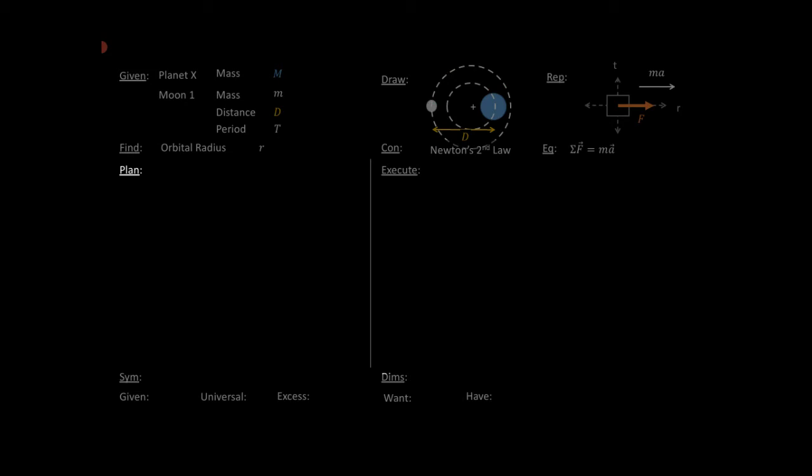So now we've got a bunch of stuff we know. We know we want to find the orbital radius. We know we're going to use Newton's second law, and we know we've got to use this relationship given by the free body diagram between the applied forces, the forces on the box, and the net force, this ma floating in the middle of nowhere, right?